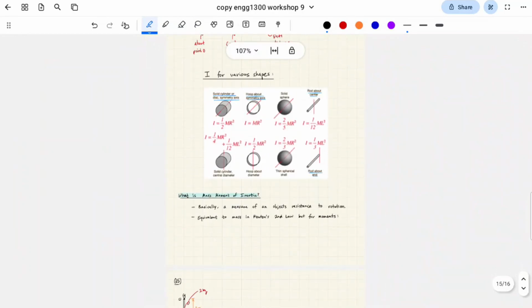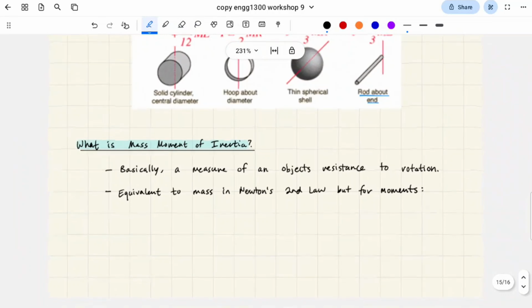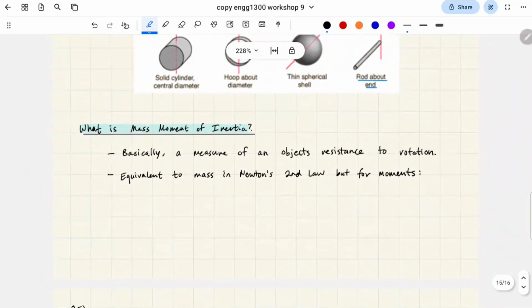Okay, so I've talked about how you calculate it. Now I'm going to talk about what it is. Conceptually, I like to talk very conceptually, but it helps me to understand what it is with this definition.